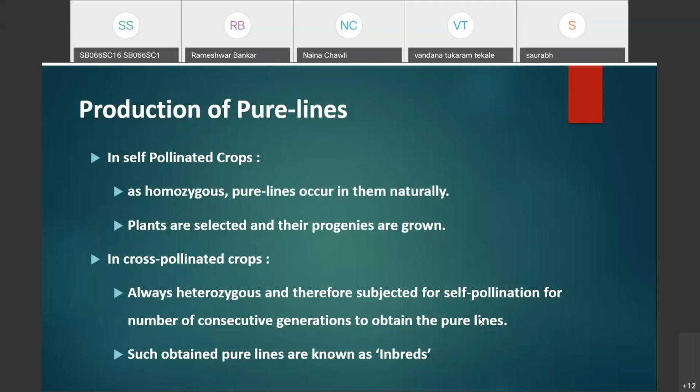But there is one limitation while using pure lines in cross pollination: whenever cross-pollinated crops are subjected to self-pollination for a number of consecutive generations, the self-fertilization will result in a decline in vigor and productiveness in the first few generations.